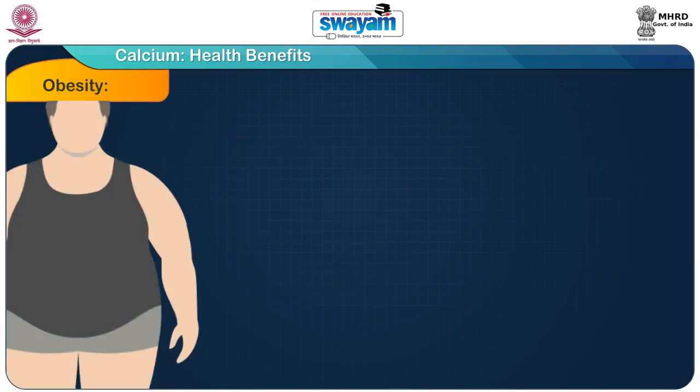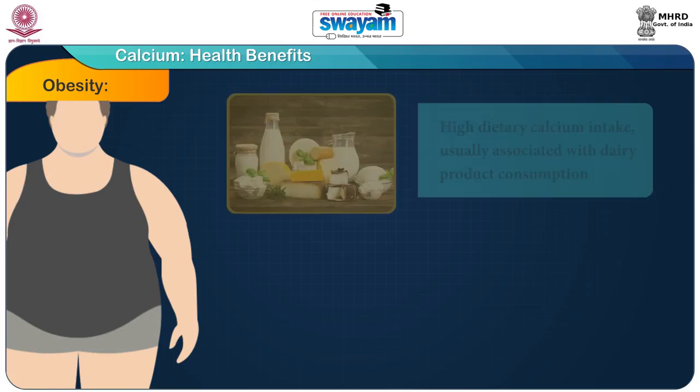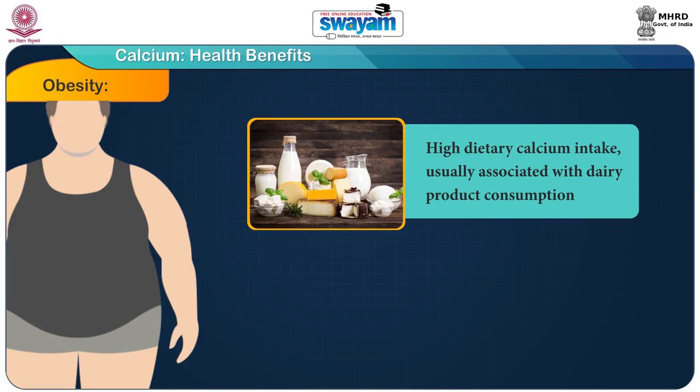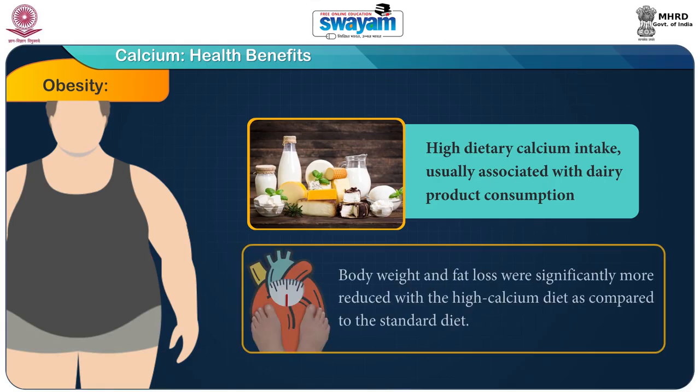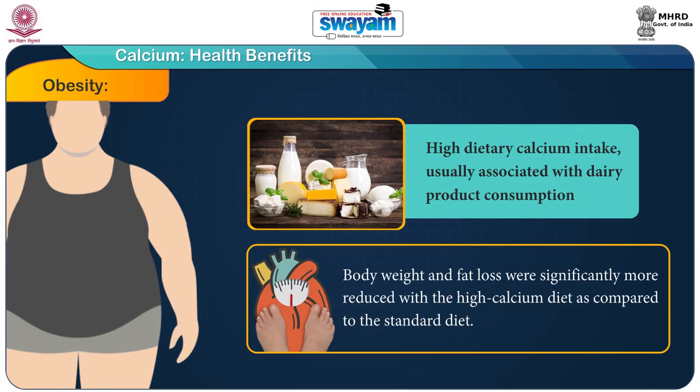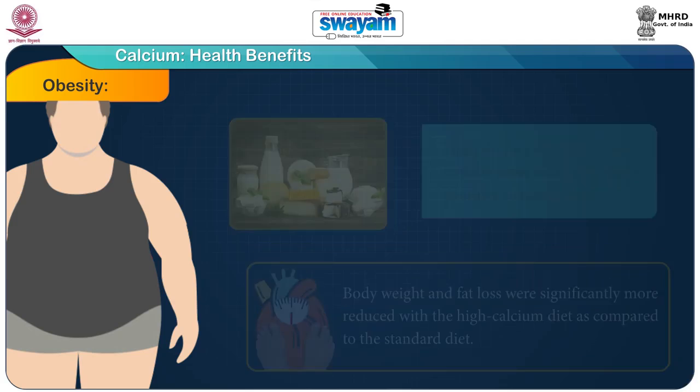Now, the relationship of calcium to obesity. High dietary calcium intake is usually associated with dairy product consumption, and this has been inversely related to body weight and central obesity in a number of cross-sectional studies. Body weight and fat loss were significantly more reduced with a high calcium diet as compared to the standard diet.